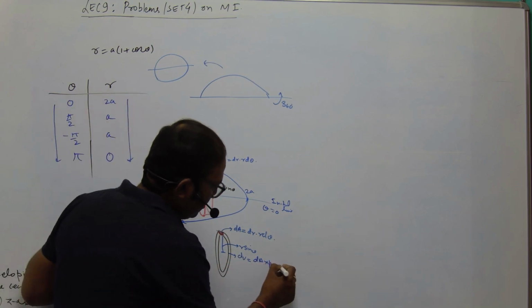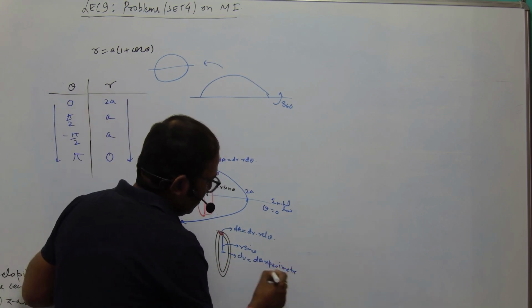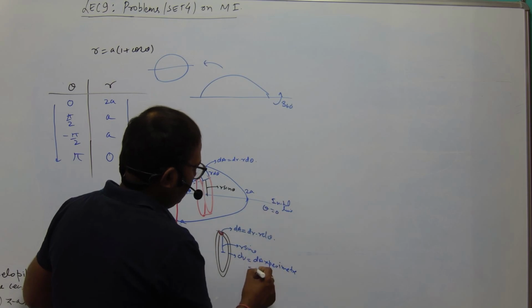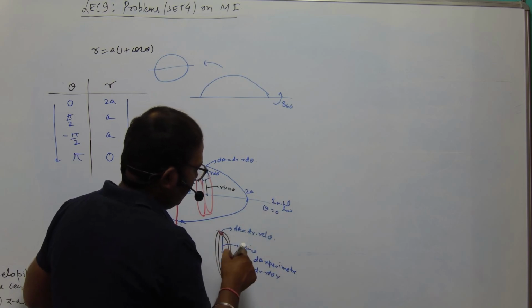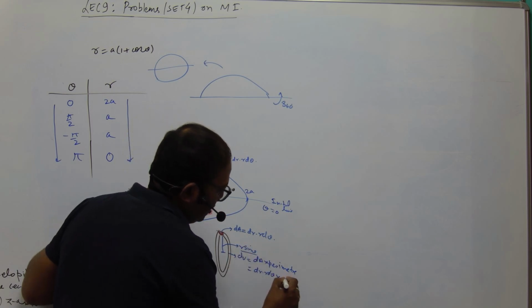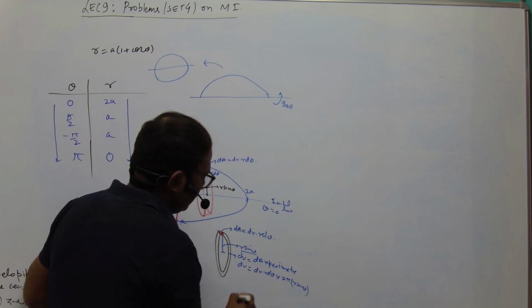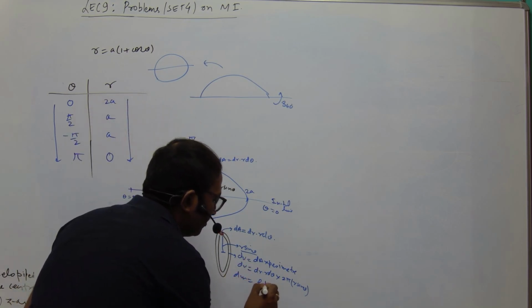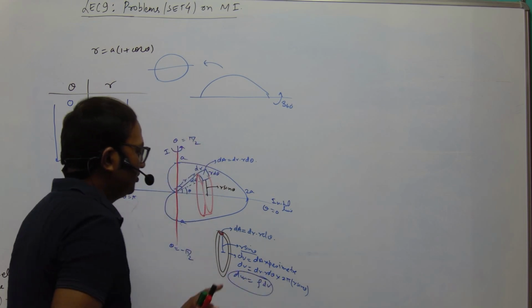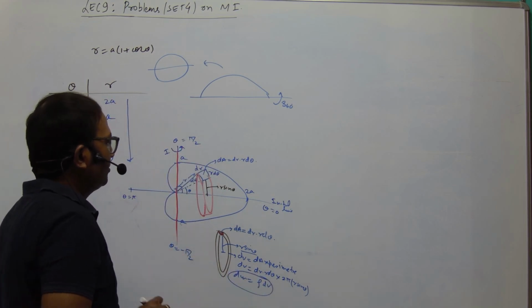This is equal to dr into r d theta into the perimeter, which is 2 pi times the radius. The radius is r sin theta, so 2 pi into r sin theta. This is dV. So what will be the dm? dm will be rho times dV. This is the elemental mass of this ring.